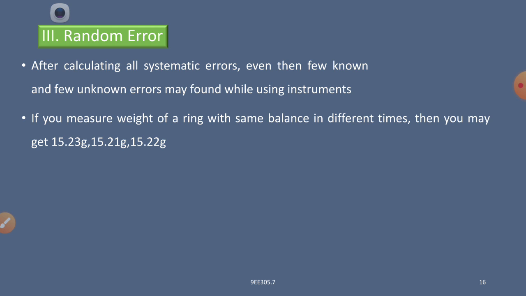This type of error is known as random errors. That's why jewelry persons measure these values in a glassed weighing machine. Sometimes you can observe that air from the fan also impacts the gold weight. So they will stop the fan, otherwise the air also forces some grams, milligrams. So they will measure in a glass chamber or vessel.